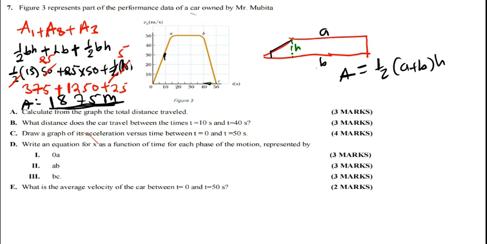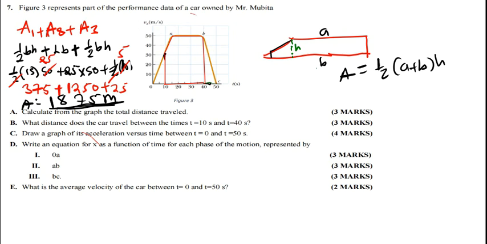Let me use red. This one goes all the way to what? To 40. Okay? Then, if I reach 40 here, it will come like that. Then here, if I go straight, it will come like that. Then there, it will come like that. That is the shape I have.